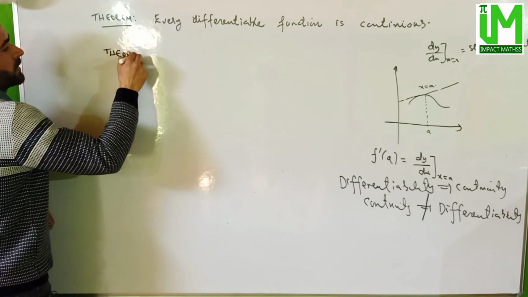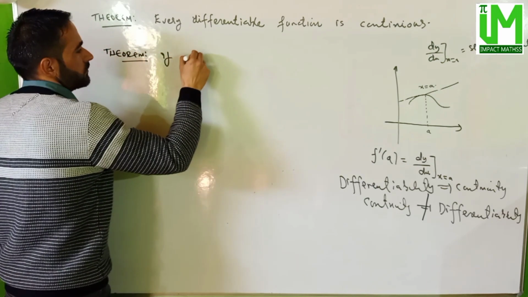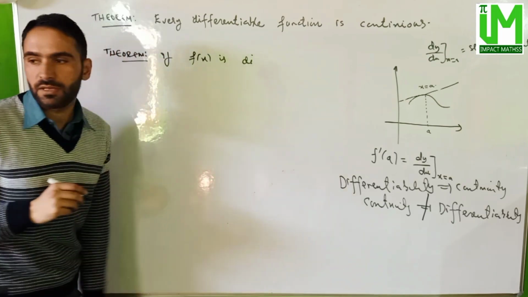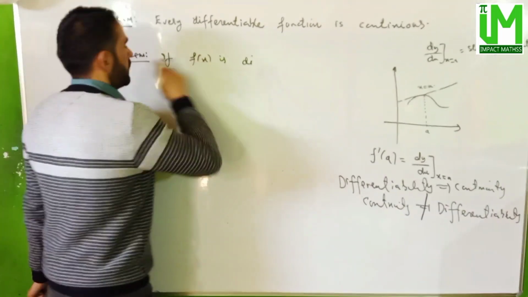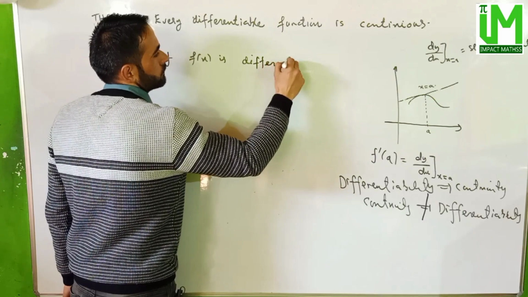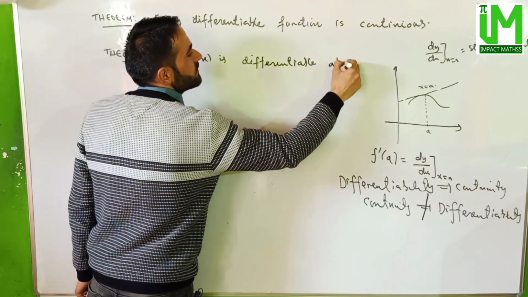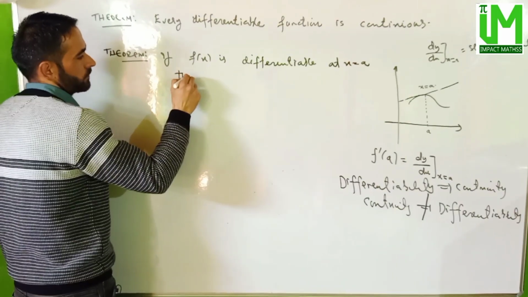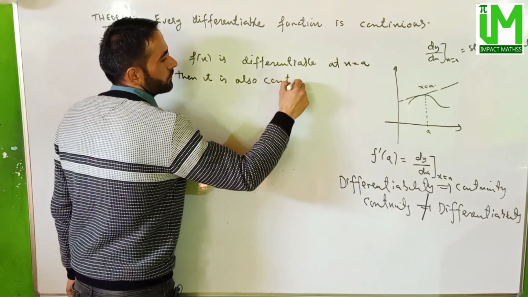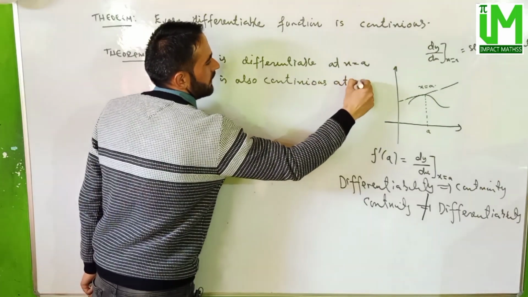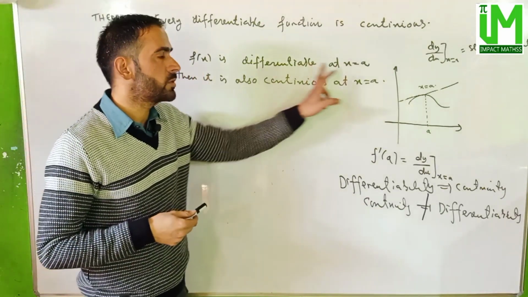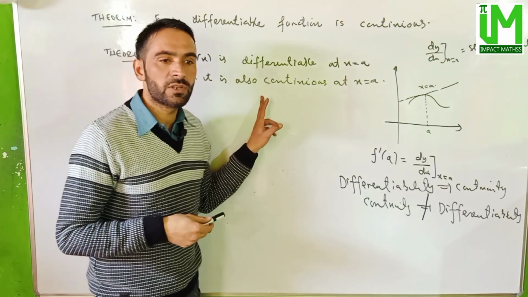So we can write: if f(x) is differentiable at x equal to a, then it is also continuous at x equal to a.